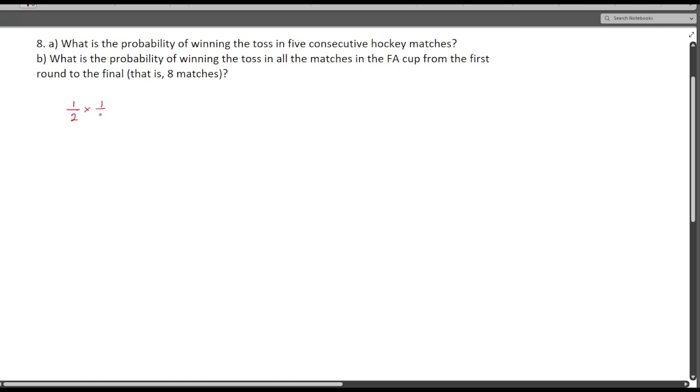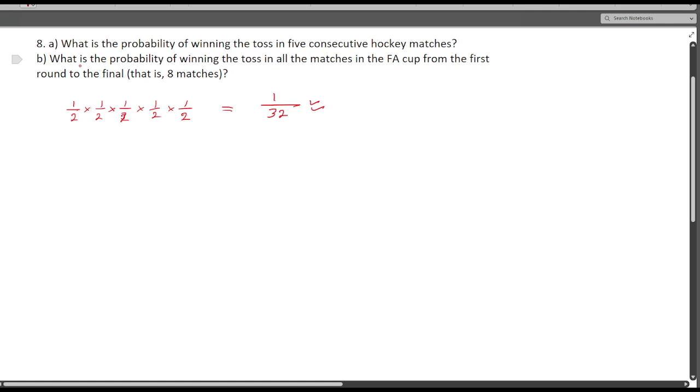Then in second, it is 1 by 2. Then in third, it is going to be same 1 by 2. And in all 5, if I am winning the toss, the possibility is going to be 1 by 2 times 1 by 2 times 1 by 2 times 1 by 2 times 1 by 2. That is 1 divided by 32. Okay, 2 times till 5 times it is 1 divided by 32.